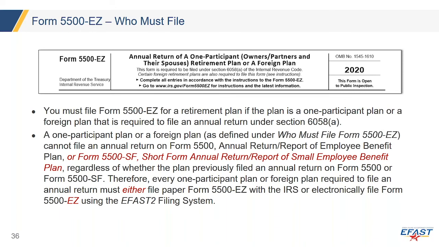It can be a defined benefit plan or defined contribution plan or 401k plan, whatever, other than an ESOP plan, so an ESOP plan cannot be there. That plan only covers the business owner or spouse who own the entire business, or only covers the partner and the partner's spouse.